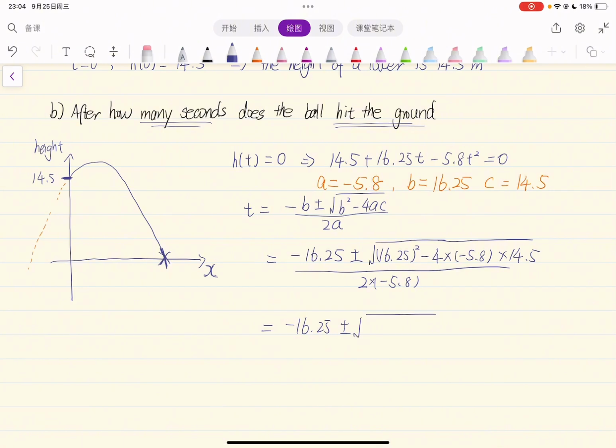So that is 16.25 squared. Minus times minus, that is plus. So plus 4 times 5.8 times 14.5. What do we have? We have 600.46 over 2 times minus 5.8. That is minus 11.6. And then we have two roots.